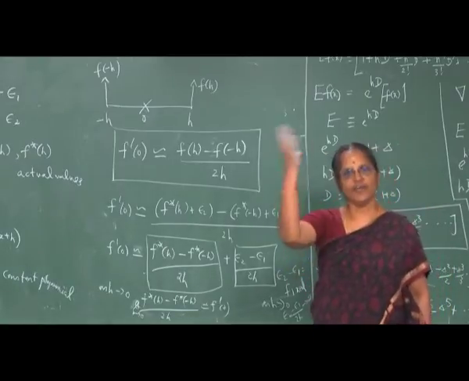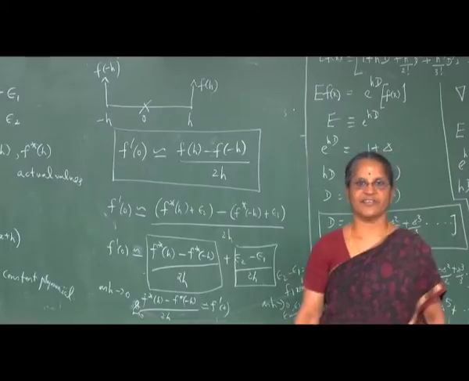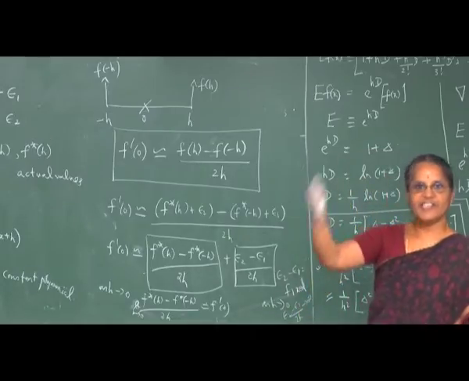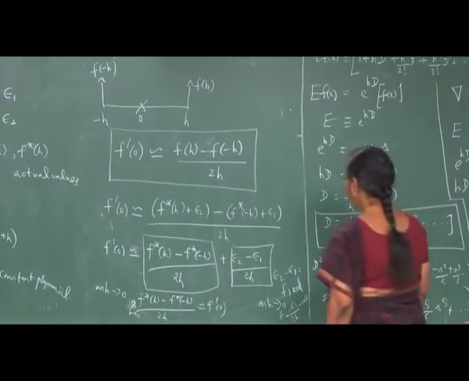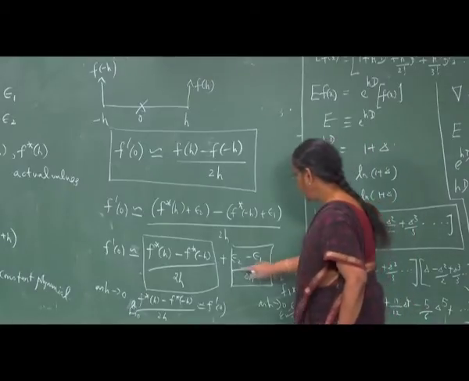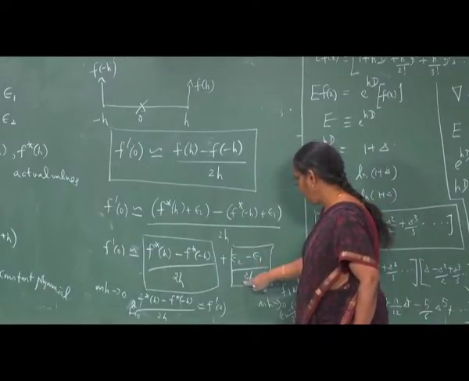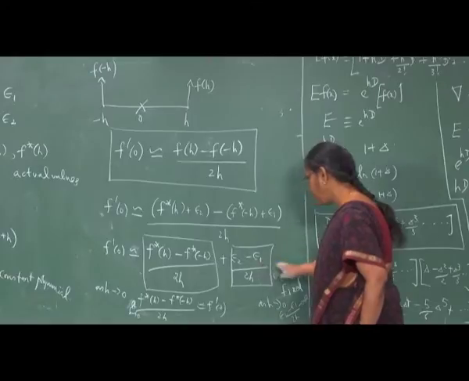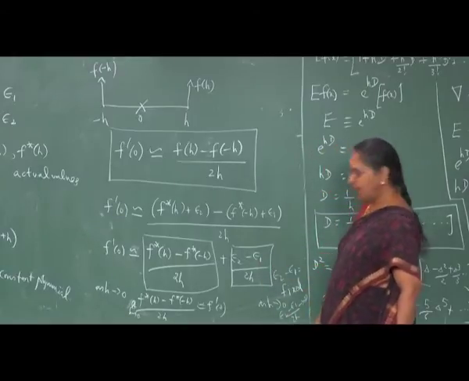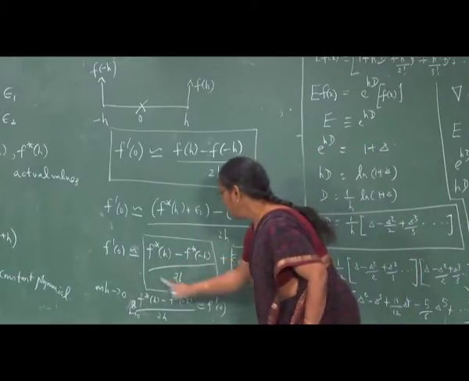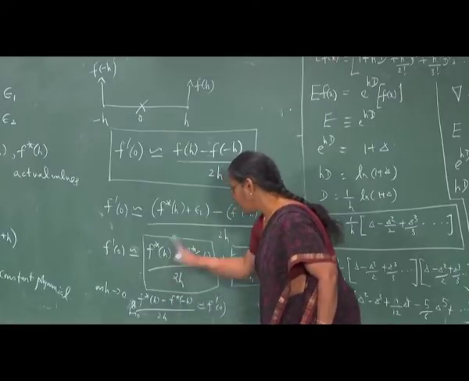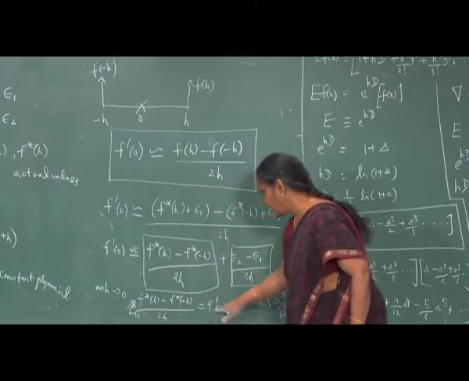So, you think that okay, I will make my h large. So, if you make your h large in such a way that this epsilon 2 minus epsilon 1 by 2h may become smaller and smaller, but the first term will be a poor approximation for f dashed at 0.